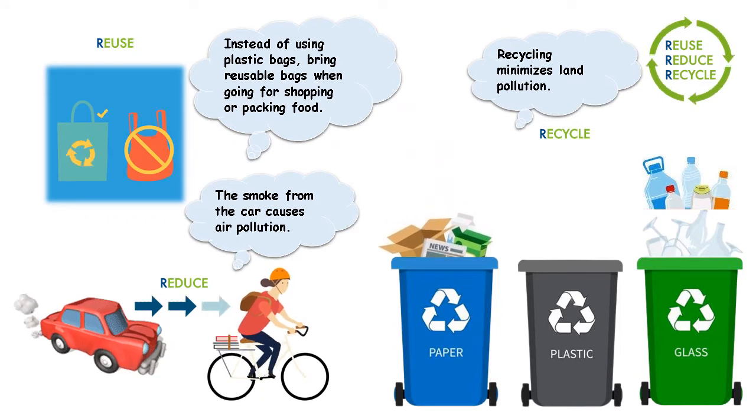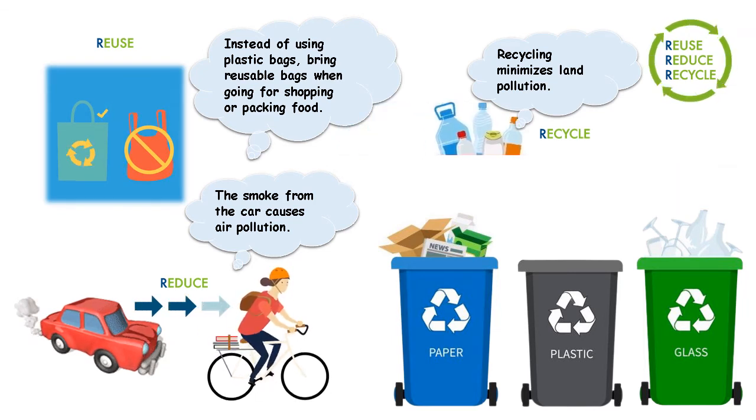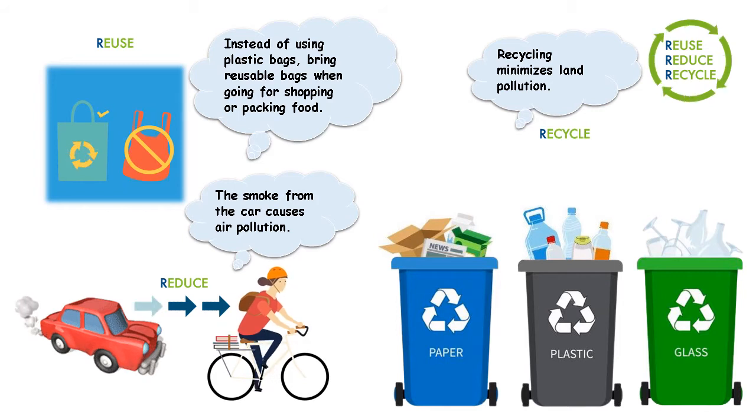The cardboards and magazines or newspapers will go into the blue recycle bin, which is paper. And the plastic bottles will go into the gray recycle bin, which is plastic. Remember, recycling is very important in minimizing land pollution.